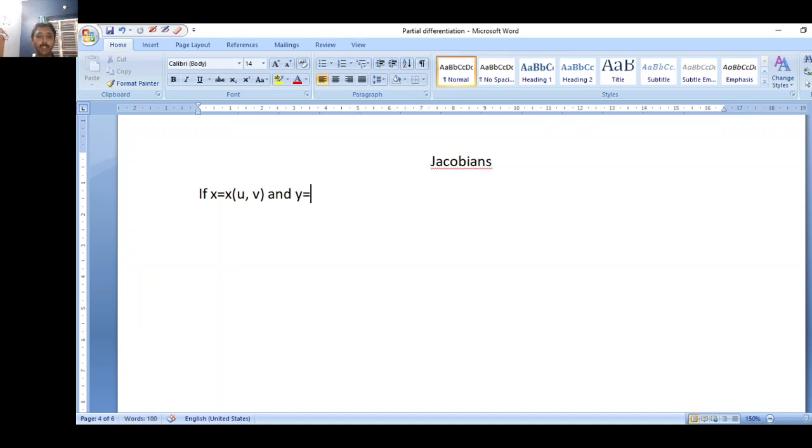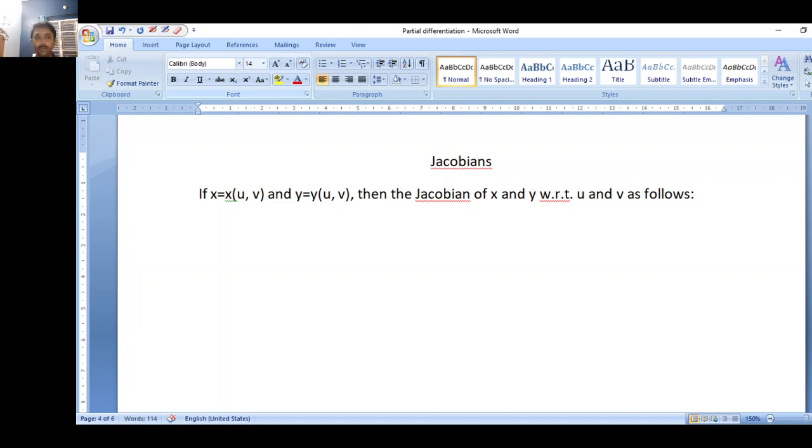So, to begin with, suppose we have x as a function of u and v and y as another function of u and v, then we define the Jacobian of x and y with respect to u and v as follows. Right? So how exactly do we define this?